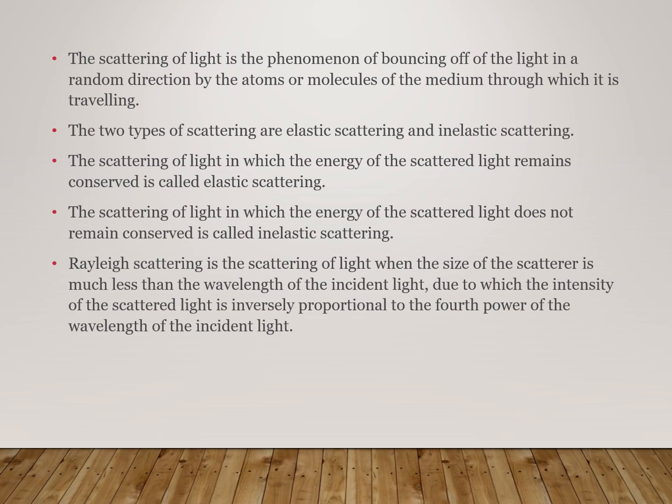The scattering of light in which the energy of the scattered light remains conserved is called elastic scattering. The scattering of light in which the energy of the scattered light does not remain conserved is called inelastic scattering.